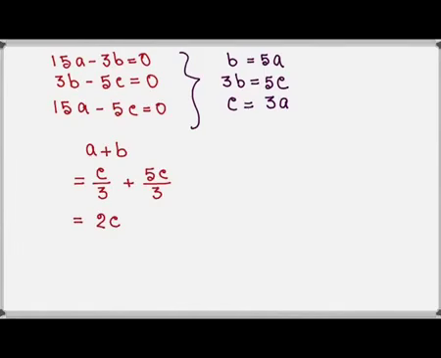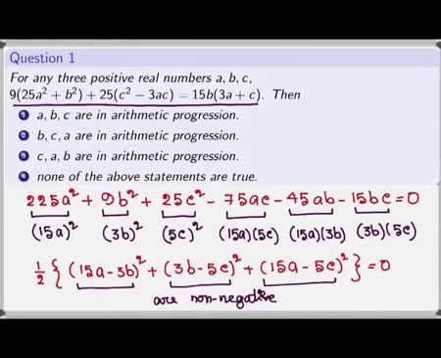From here we can conclude that b, c, a, these three numbers are in arithmetic progression. So, the second option is correct. Now looking at the other options, we can conclude that none of them are correct.